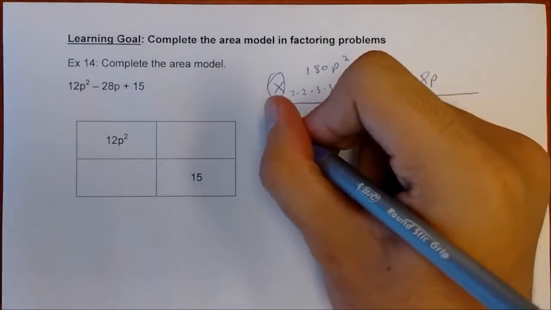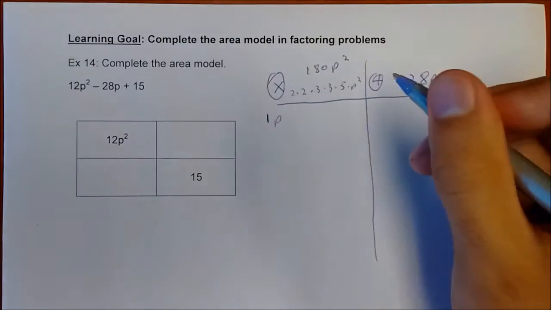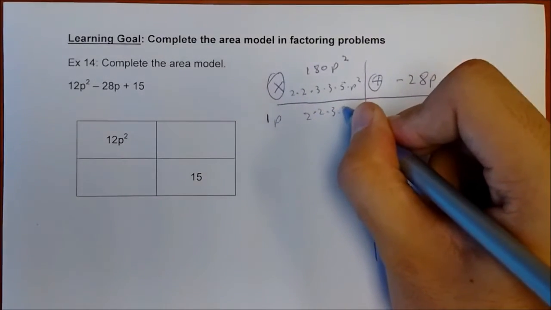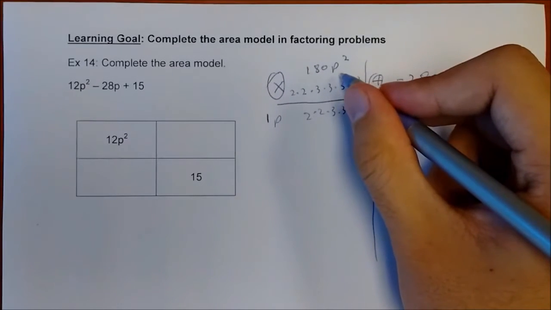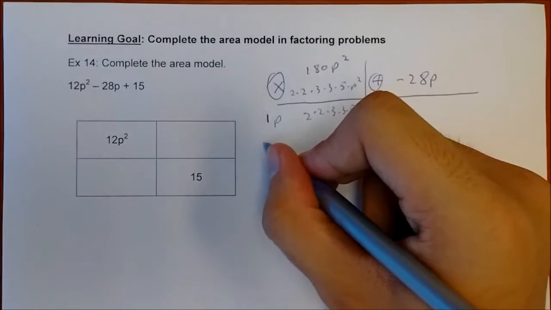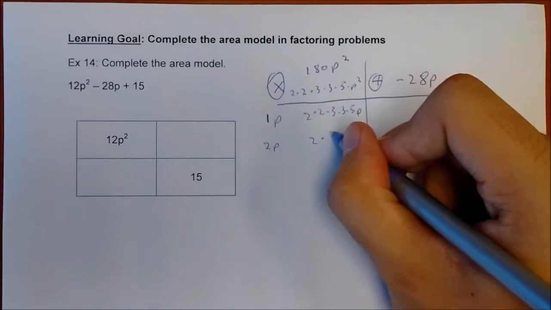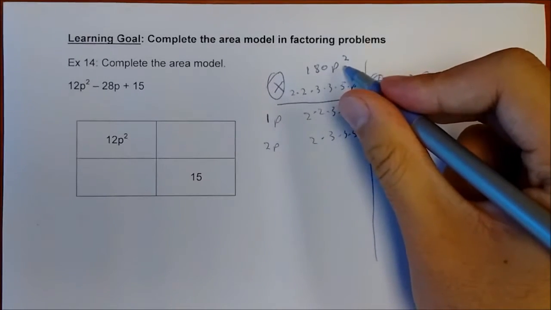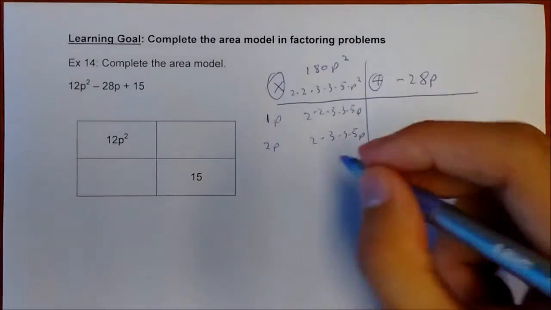So let's start with 1. 1 times 1p times 2 times 2 times 3 times 3 times 5p is going to give us 180p squared. And then next we have 2p multiplied by 2 times 3 times 3 times 5p is going to give us 180p squared, because the 2 uses up one of the 2's from the prime factorization.